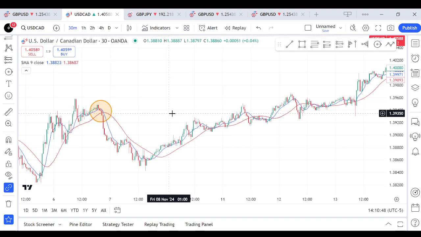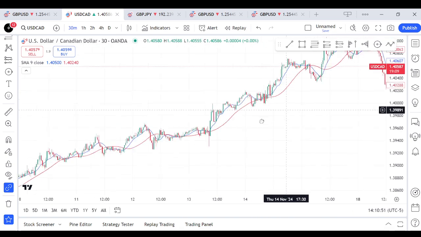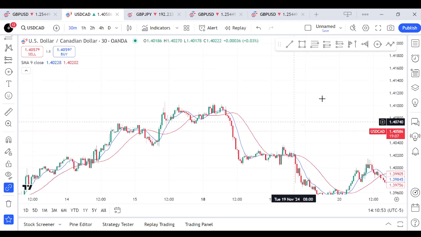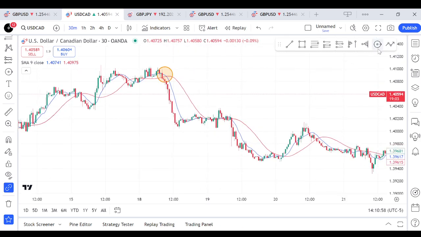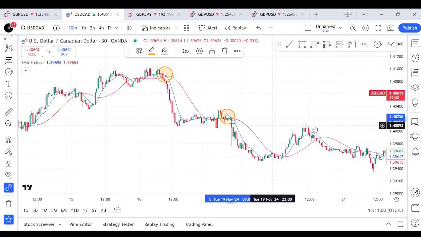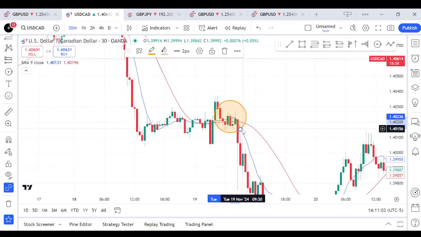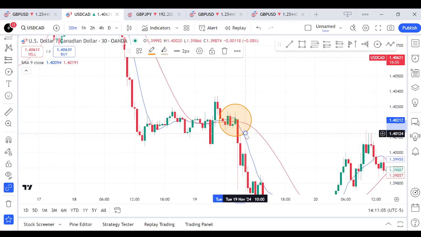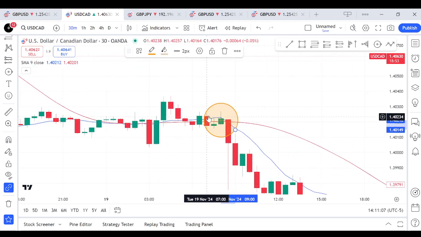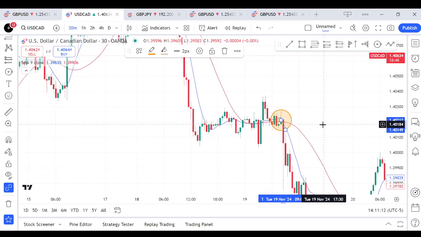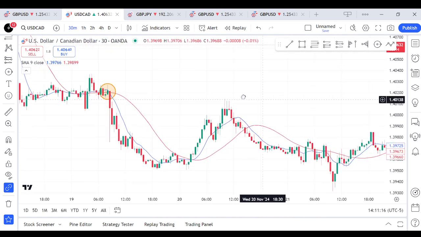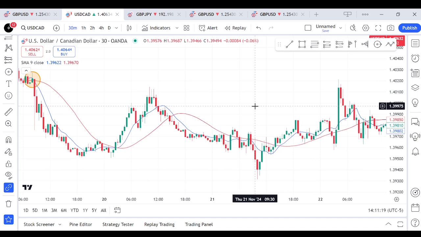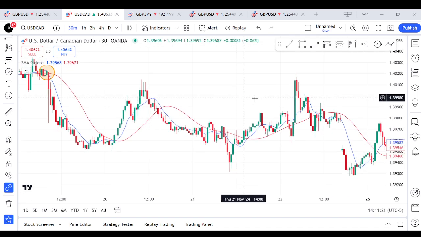You can see that cross, a bearish crossover, and I'm looking for better crossovers. You can see this bearish crossover right here, and this is another one. You have to zoom in and you see it clearly. There's a bearish crossover right there, where the blue line, the faster moving average, crossed below the red line, the slower moving average, which is the 21-period moving average.